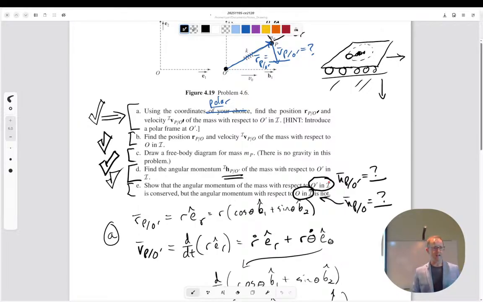We just derived what is angular momentum in O prime. Then we also want to see what are the changes in angular momentum in O. So it's kind of two parts to this, if that makes sense.